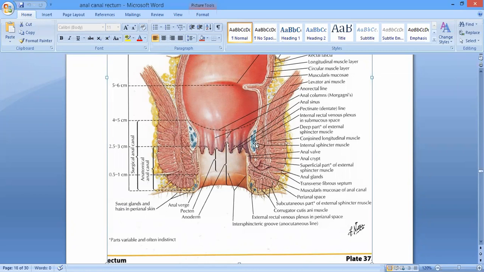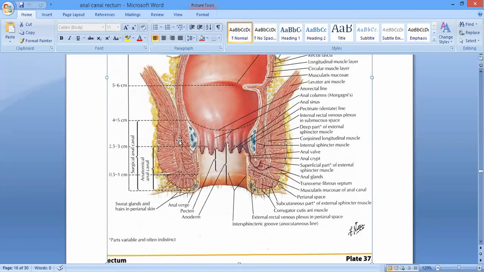The longitudinal muscles are contributed from the longitudinal muscular coat of the rectum, and certain fibers are incorporated from the levator muscles in this region, right? So the wall of the anal canal has two layers of muscle. The internal one is the circular smooth muscle, and the outer one is the longitudinal smooth muscle, right?